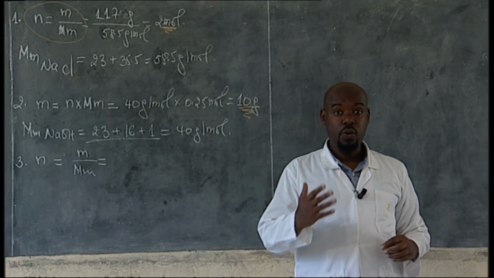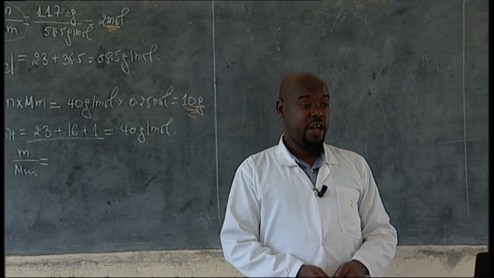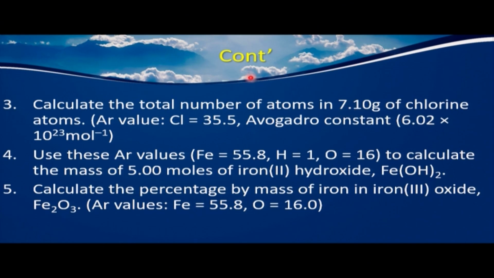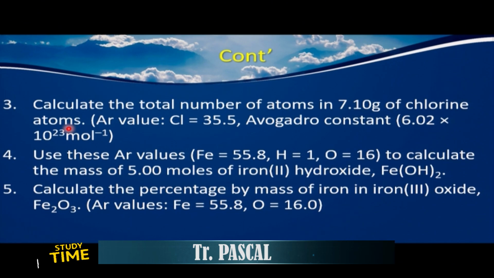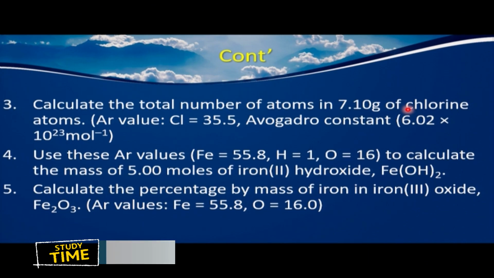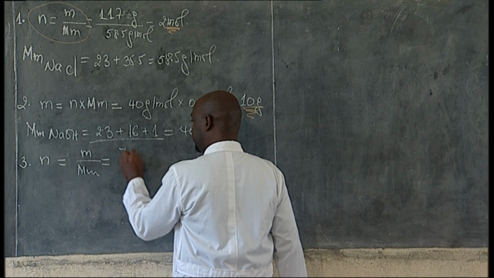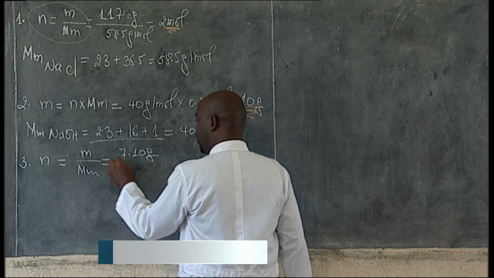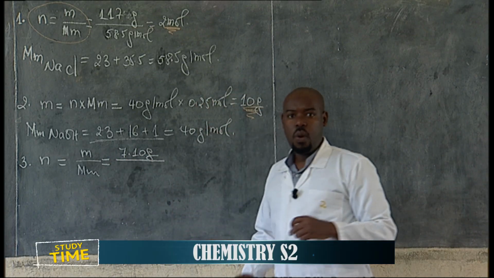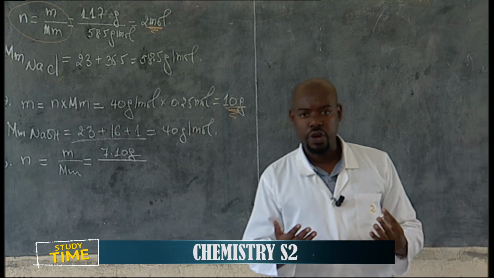What we have here is the mass of chlorine atoms. To find the number of moles, we get the mass over molar mass. What is the molar mass of chlorine atoms?